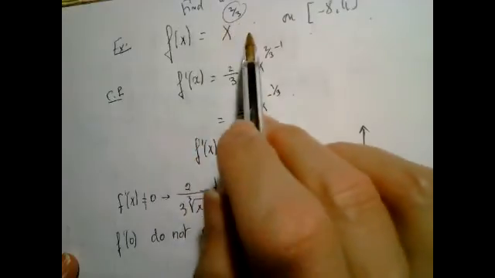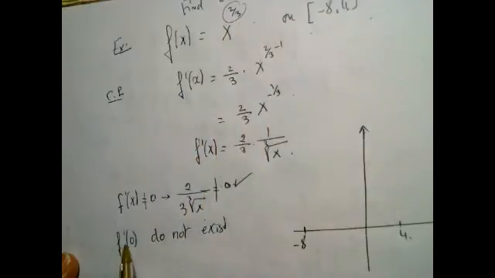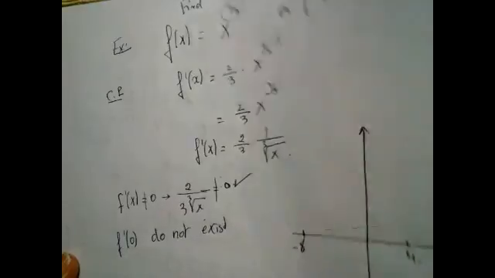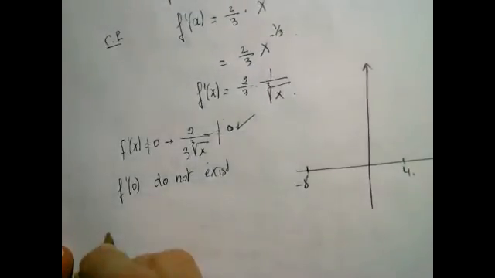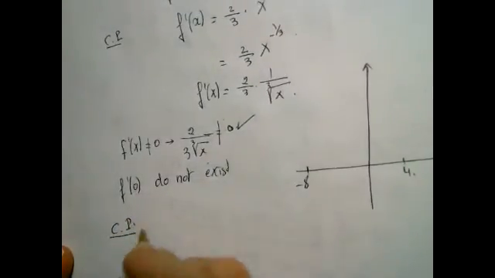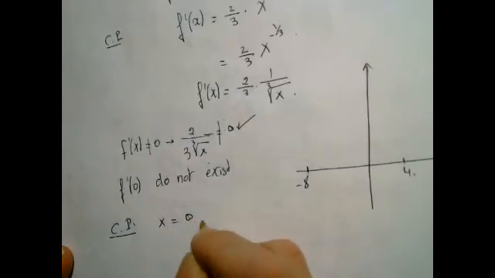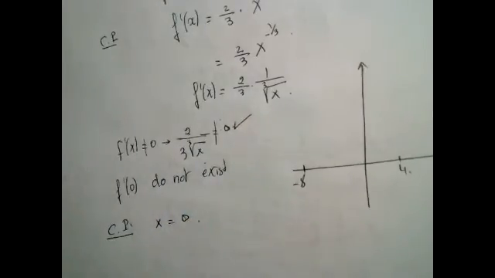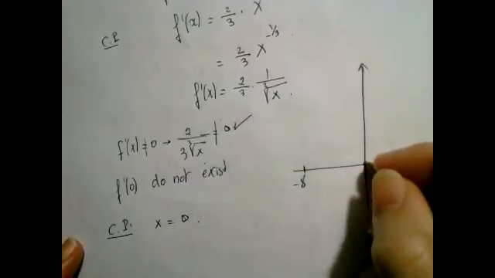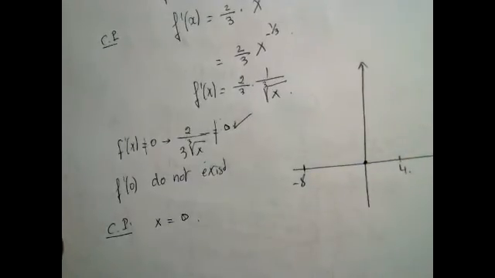The function has a value at 0, but the derivative at 0 does not exist. So the critical point here is x equal to 0. And the critical point here is not coming from the derivative being 0, it's coming from the fact that the derivative does not exist. So something occurs at x equal to 0.